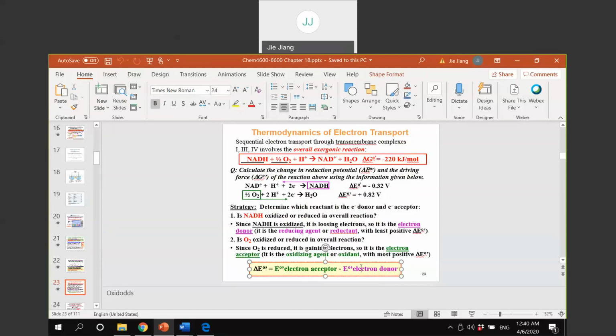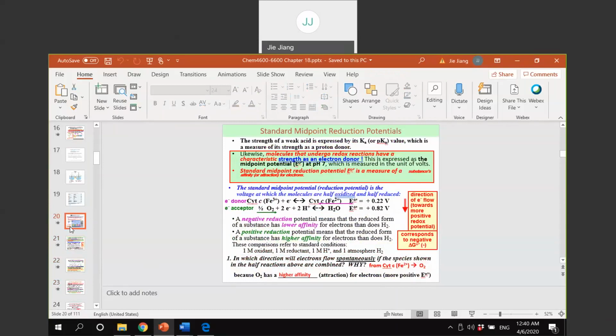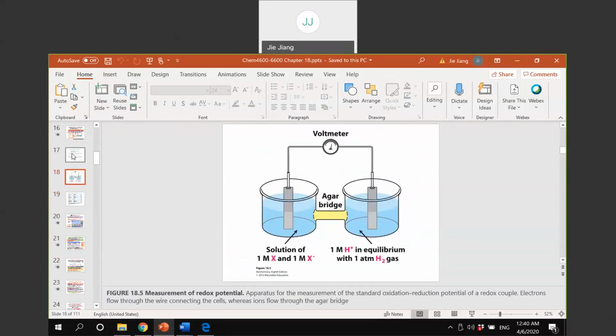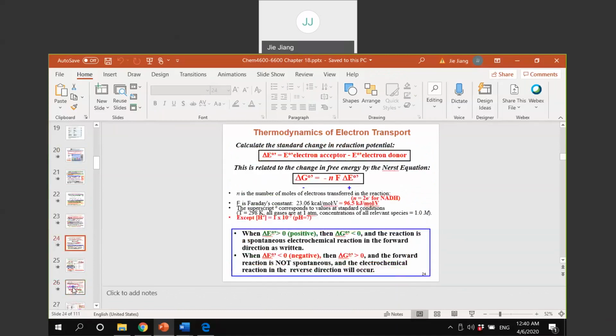Then further use the equation we have, delta G equals negative nF delta E, to calculate the delta G. Okay, so that is how to use cell potential, delta E, to calculate delta G. The F is the Faraday's constant. Again, in your exam, this number will be given if you need it. Okay.